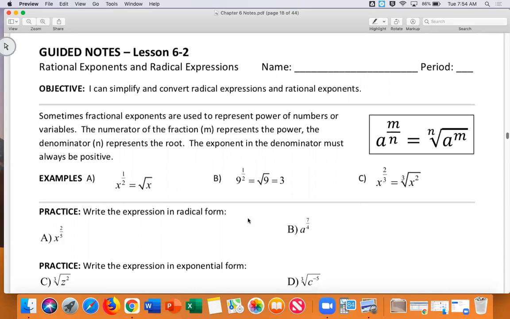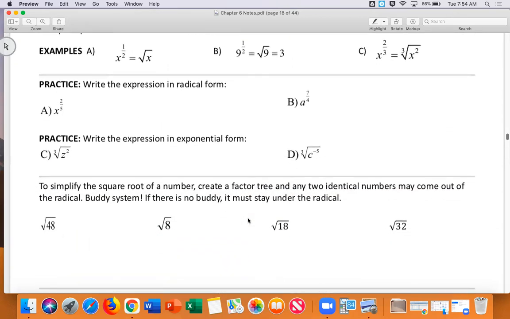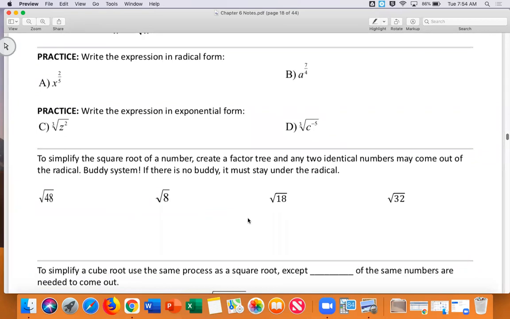So let's first talk about how to write an expression with a rational exponent in radical form. For x to the 2/5, I have this house, and x is in the house. If I put my fingers on the 5 and the 2 and they fall over, the 5 goes outside the house.